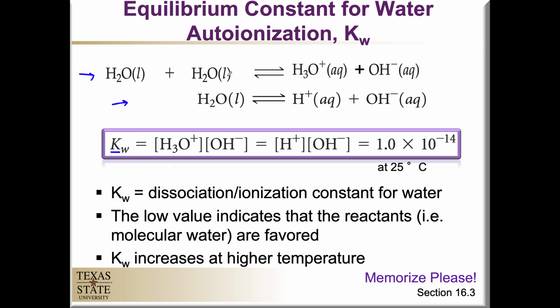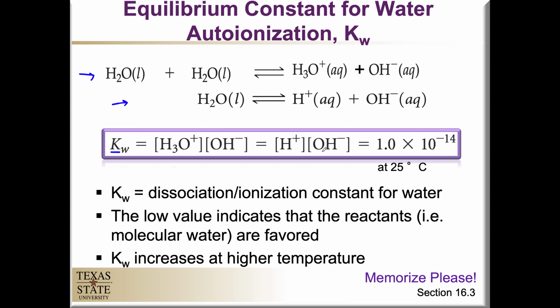So for the first equation, our K, our equilibrium constant equation, is simply going to be the multiplication of the concentrations of the two products, which are the hydronium ion and the hydroxide ion. And similarly, I could say that the equilibrium constant expression for the second equation is simply going to be the multiplication of the hydrogen ion concentration times that of the hydroxide ion concentration.